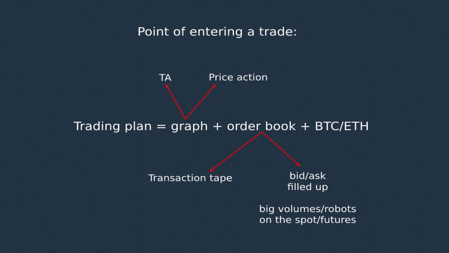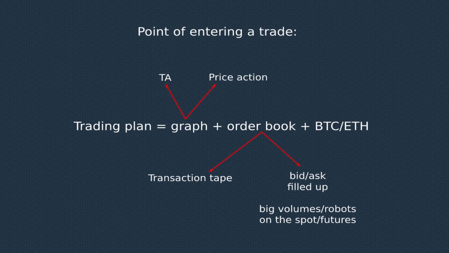We analyze the price action and understand that, for example, according to the price action right now, there can be a really impulsive break through the resistance level. Then we look at the order book. We find a very big volume both in the spot order book and in the futures market depth.